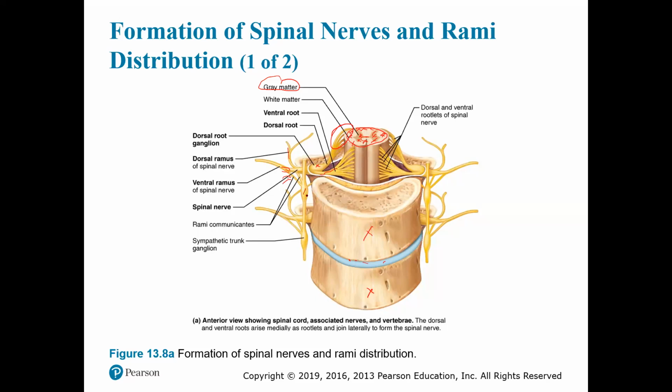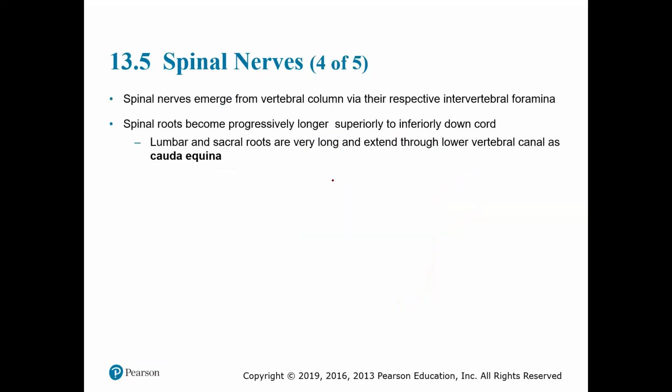Here you have sympathetic ganglia that travel along the spinal column, so this could be lumbar or thoracic. The nerves leave from the intervertebral foramina, which are lateral between the vertebrae. And at the bottom of the spinal cord is the horse's tail. That's what cauda equina means.